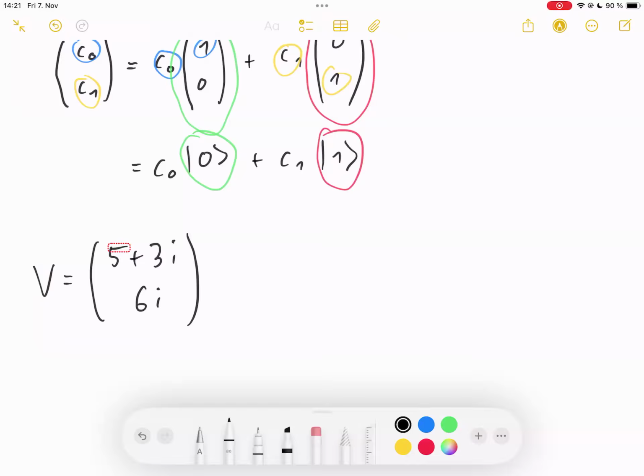We got just one vote, maybe a few more votes. Green one would mean it's normalized, and red one would mean it's not normalized.